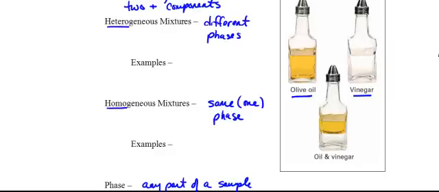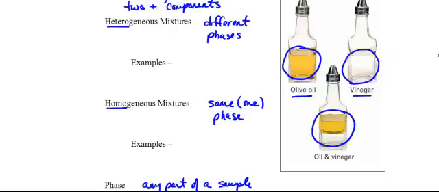As you look in vinegar, it looks like one thing. Olive oil looks like one thing. Now, if you put olive oil and vinegar together, this is also a mixture, but you have two areas. One area there, two areas, the second area there. So it has two phases. That's what we mean by phases. If you can look at it and see a distinct area, then that's going to be considered a phase.